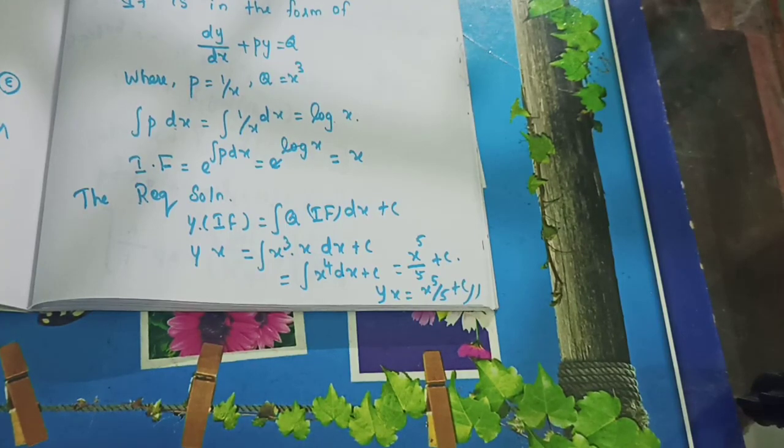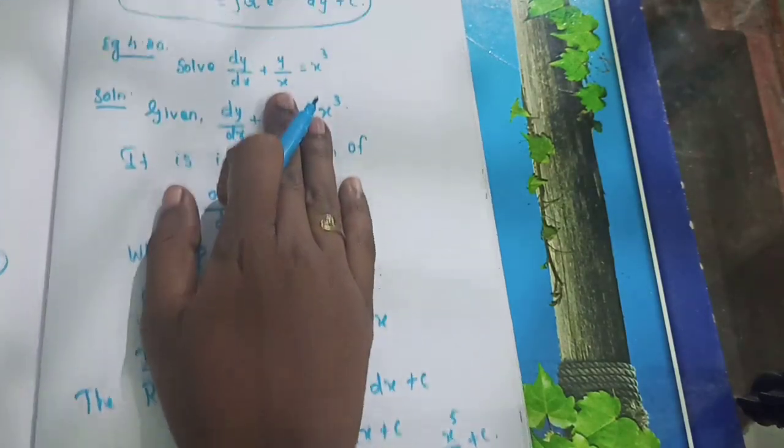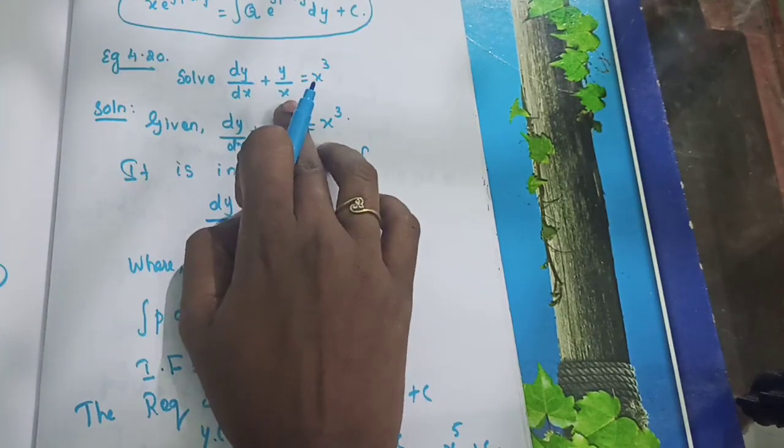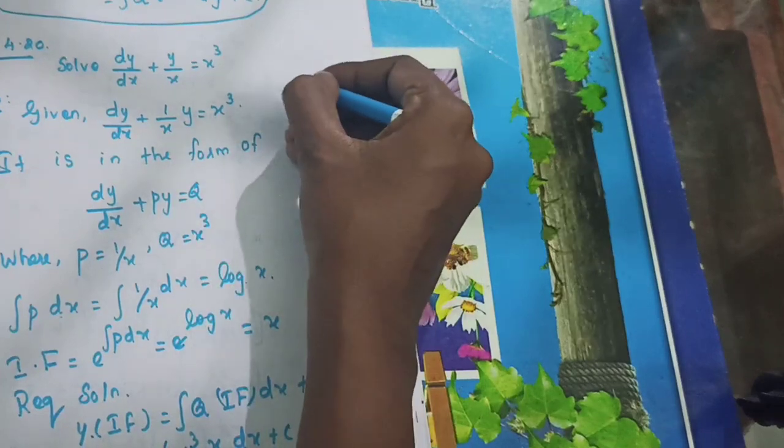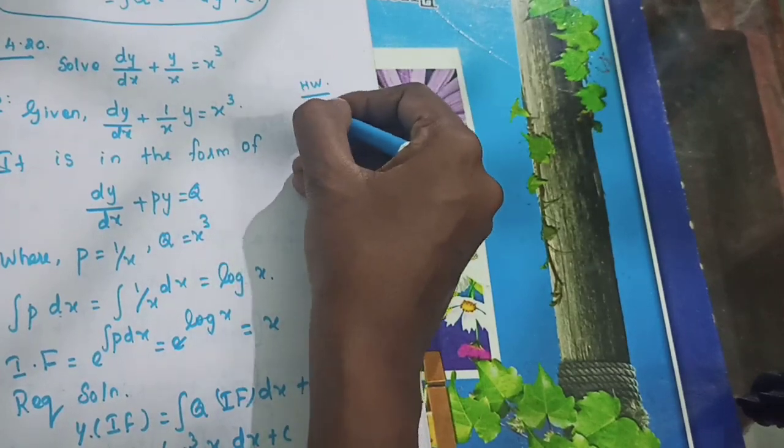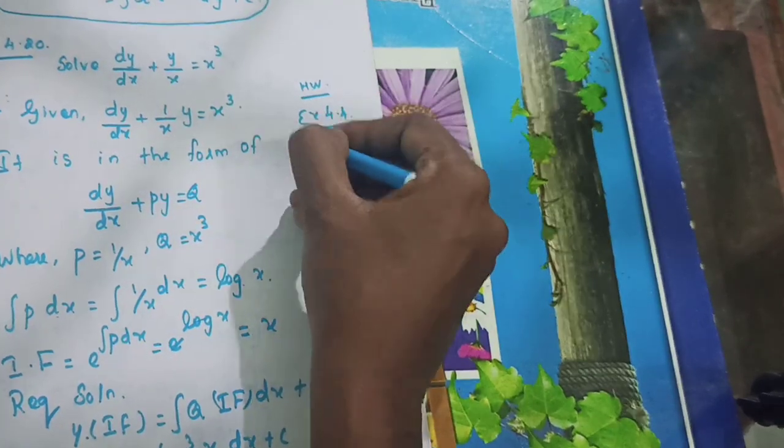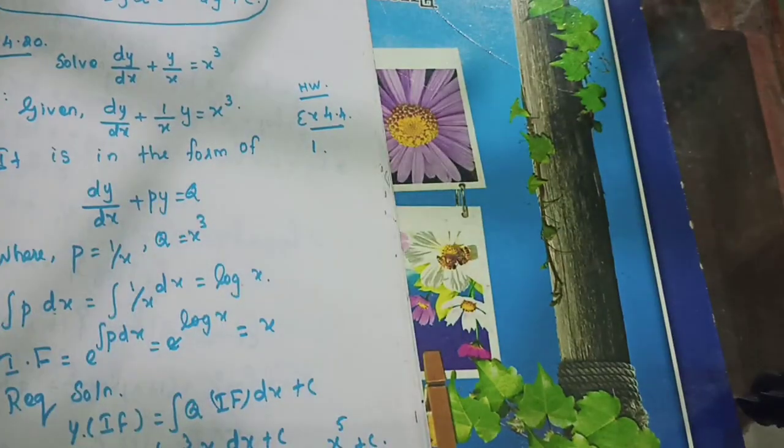Take down the first problem: exercise 4.4, first problem, dy by dx minus y by x equals x. Here it was plus y by x equals x cube, but in that problem it is minus y by x. So your homework is exercise 4.4 problem number 1. It is the easiest question, just try it and do it.